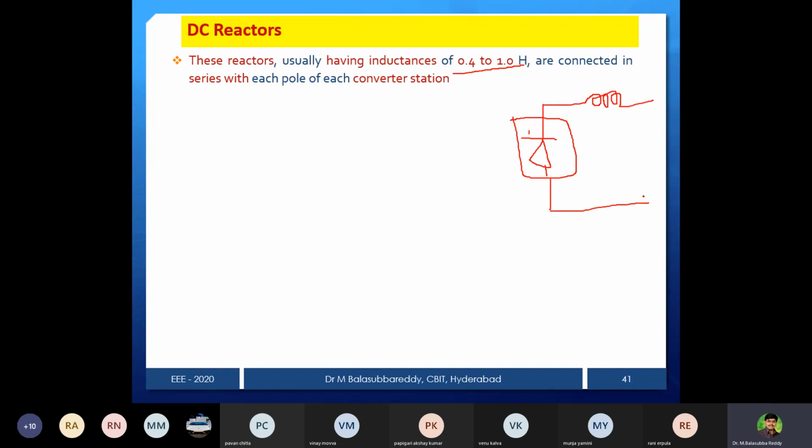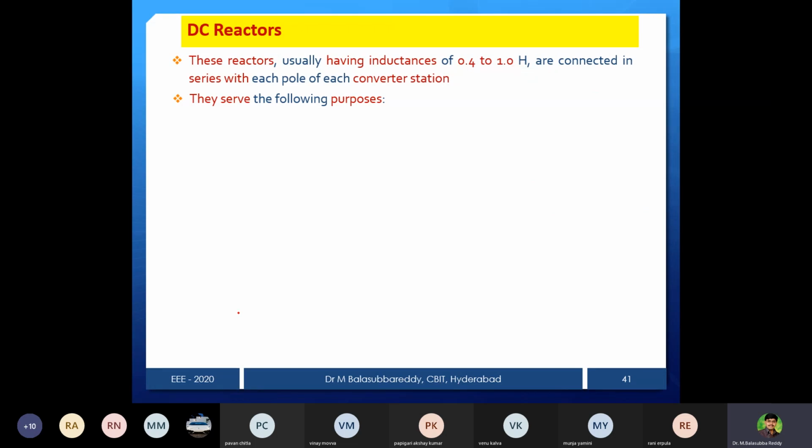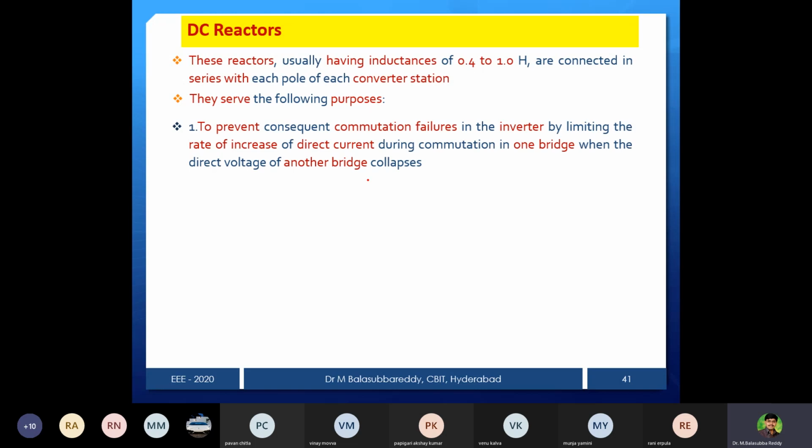Once we use an inductor, it will minimize the ripple, and many quantities we can smoothen. Sometimes overcurrent, and the ripple magnitude we can minimize. So all these things will happen. There are several purposes for which we use it as a smoothing inductor.